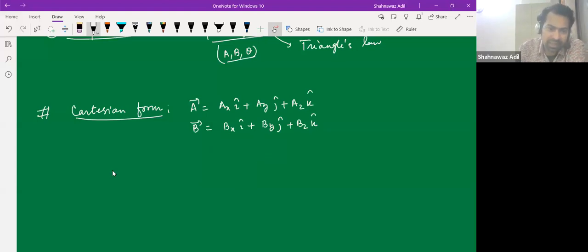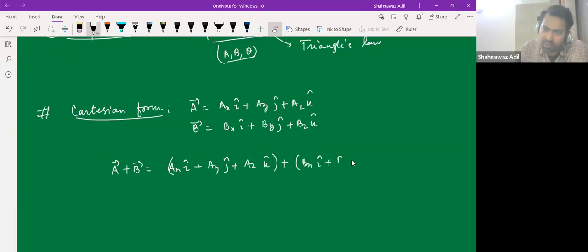Then the addition of these two vectors would simply be AXi plus AYj plus AZk plus BXi plus BYj plus BZk.